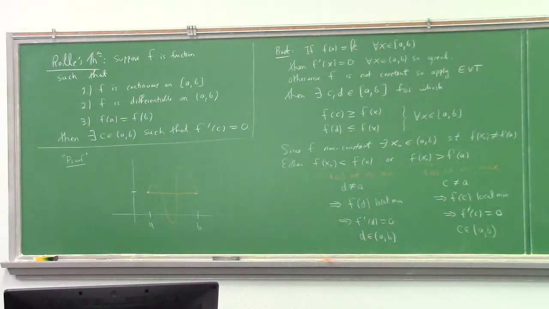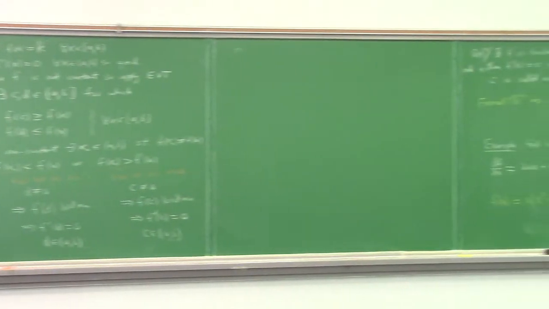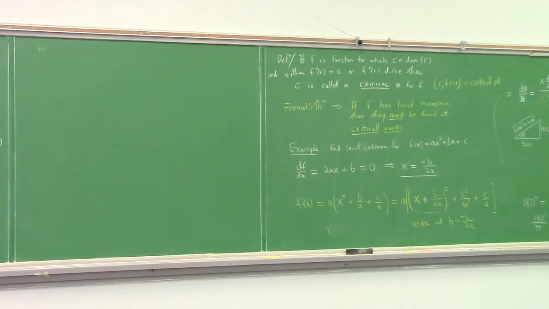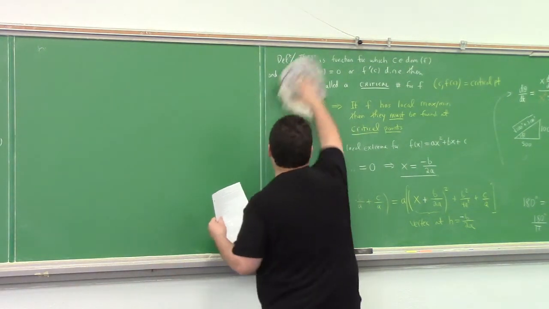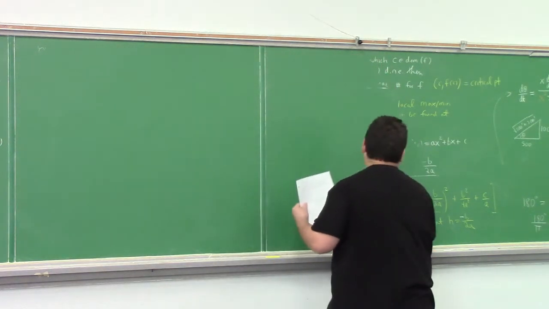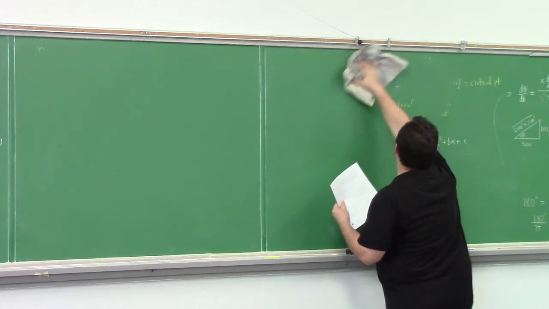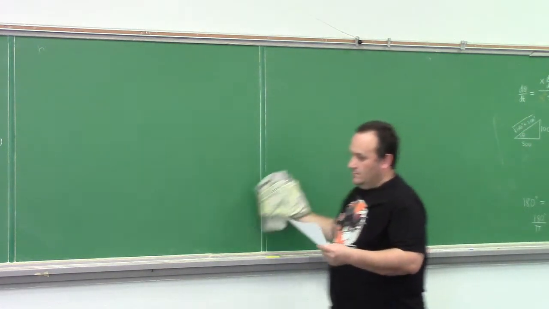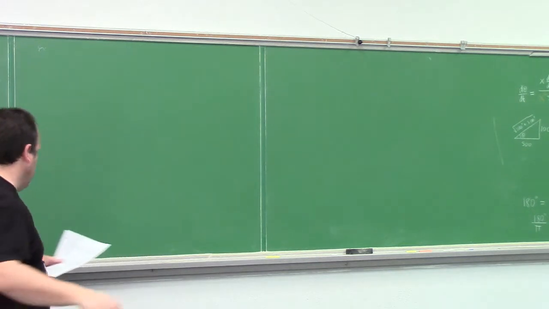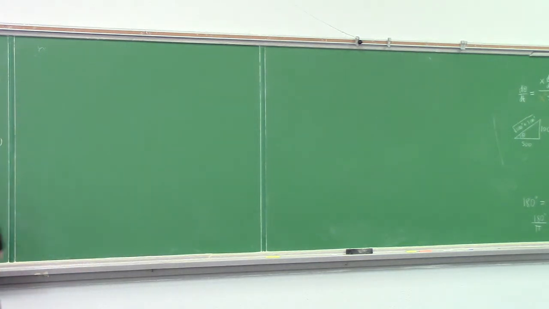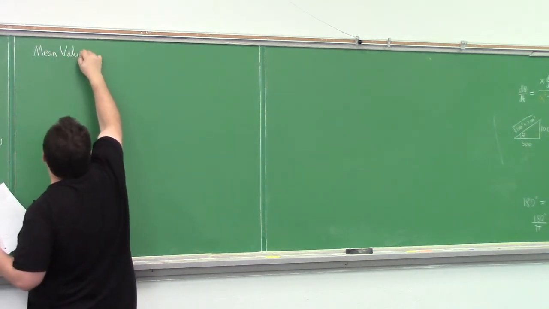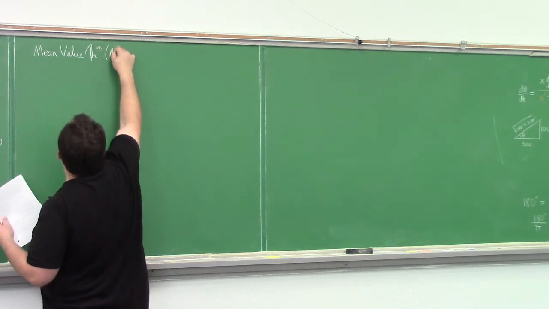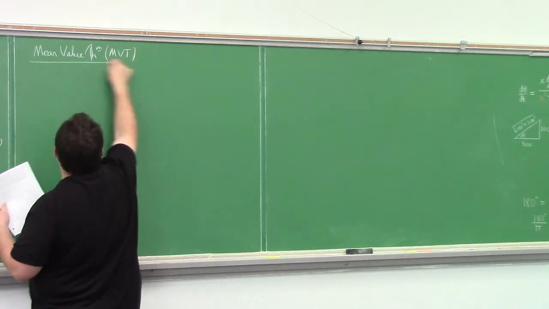And the proof of the mean value theorem, it's very natural to prove the mean value theorem if you've just talked about Rolle's theorem, so we should do that. So the mean value theorem, it looks a lot like Rolle's theorem. So we abbreviate this guy MVT going forward, mean value theorem.